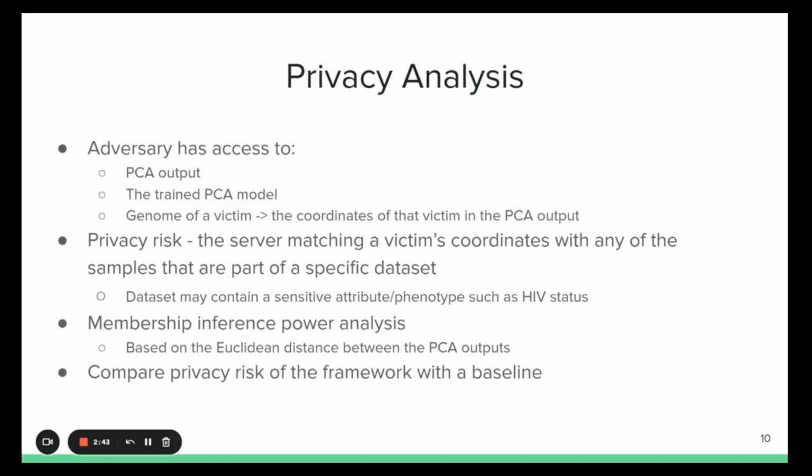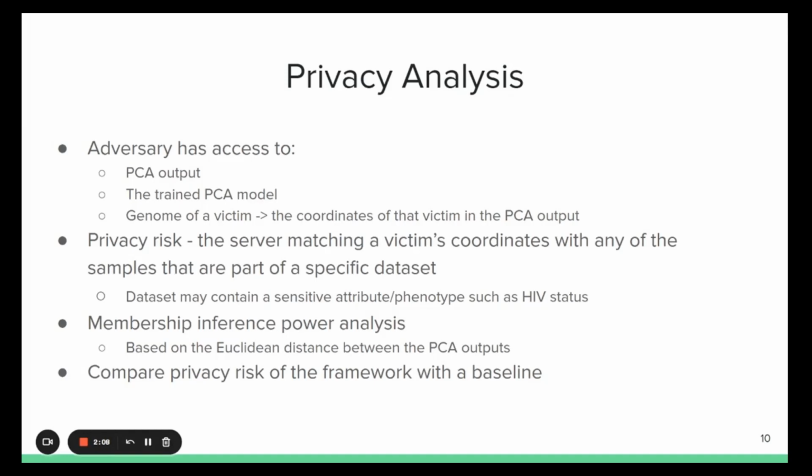Why is this dangerous? It is because the dataset may contain a sensitive attribute or phenotype such as the HIV status. In order to quantify the privacy analysis, we use the membership inference power analysis, which is based on the Euclidean distance between the PCA outputs.